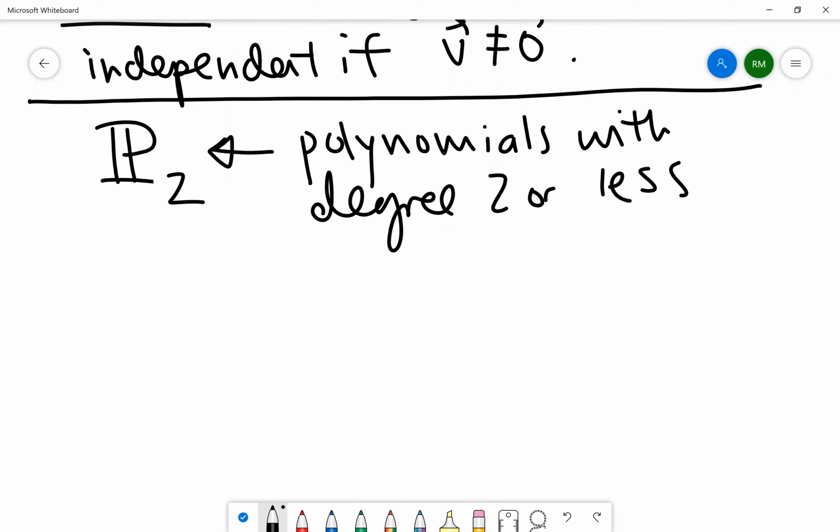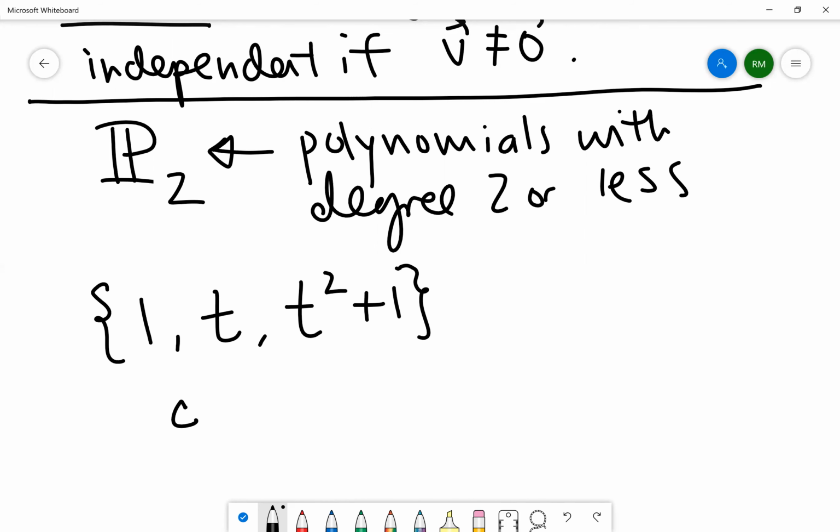We're going to look at the following set: 1, t, and t squared plus 1. I want you to pause the video and see if you can determine whether these polynomials are linearly independent or whether there's a linear dependency.